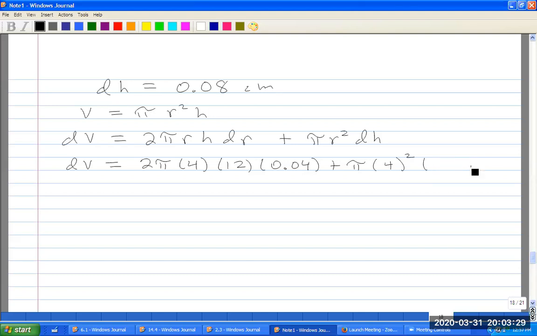So dV is equal to 0.16 times 12 times 24 gives me 3.84 pi.